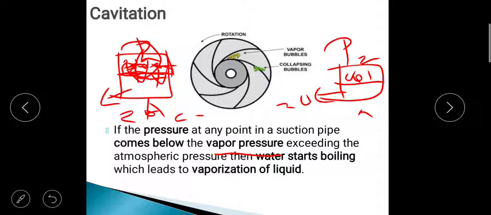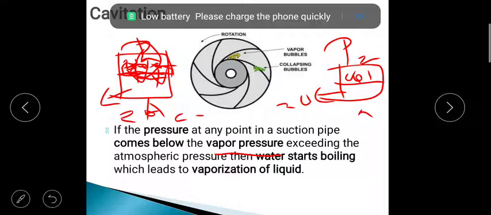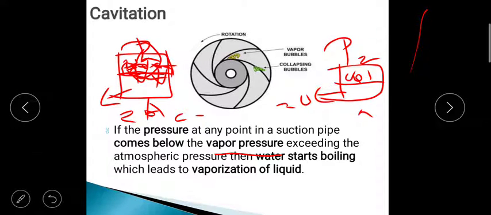So if P2 is less than P1, it means that the pressure inside this area will be less than the vapor pressure.